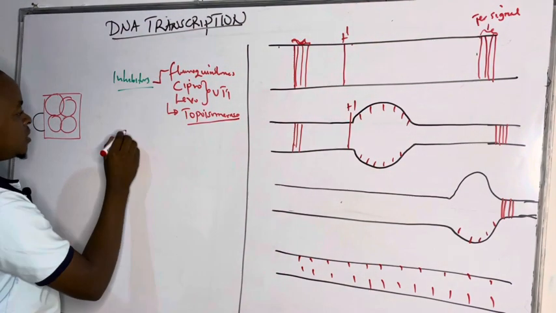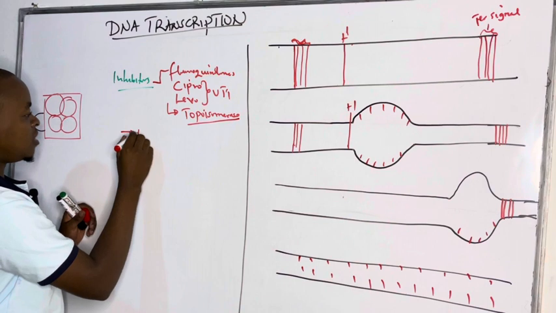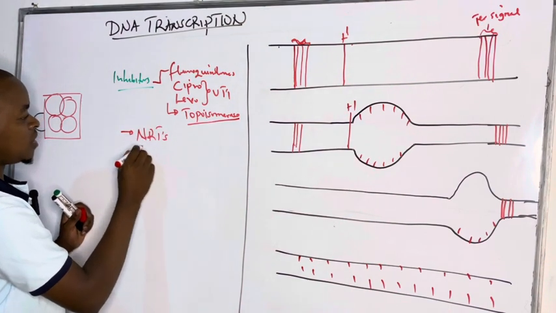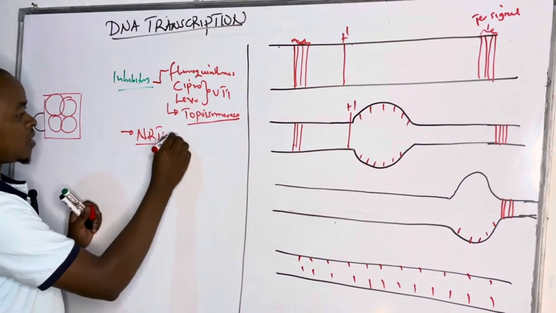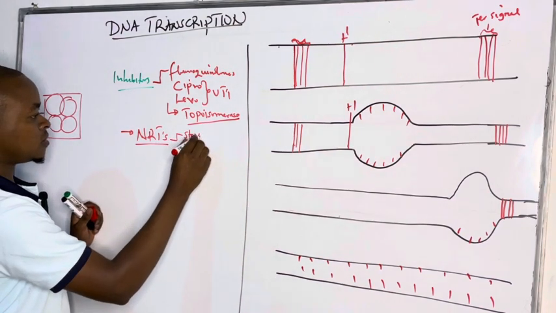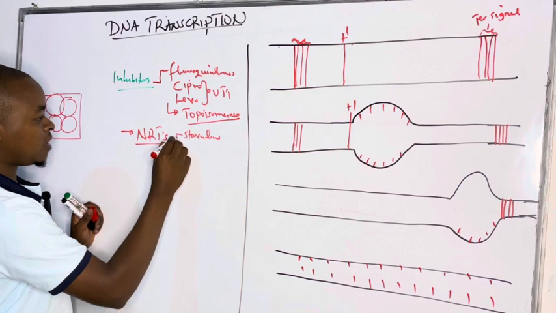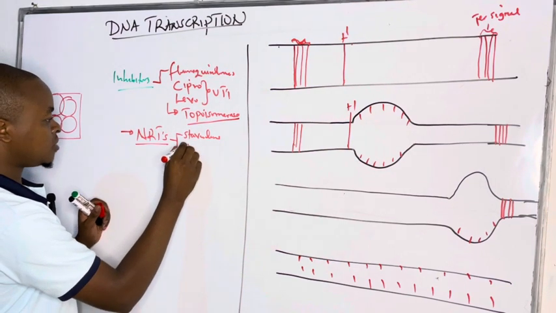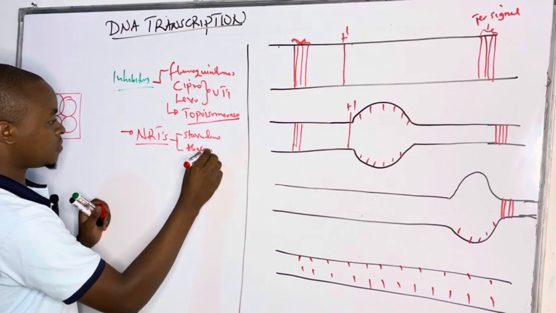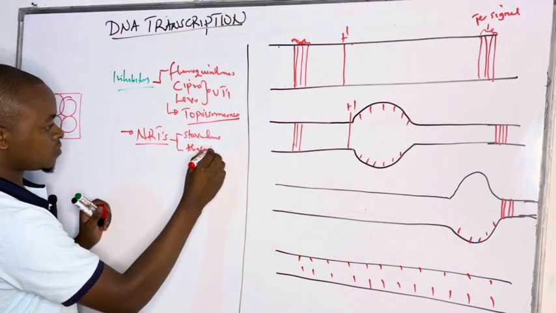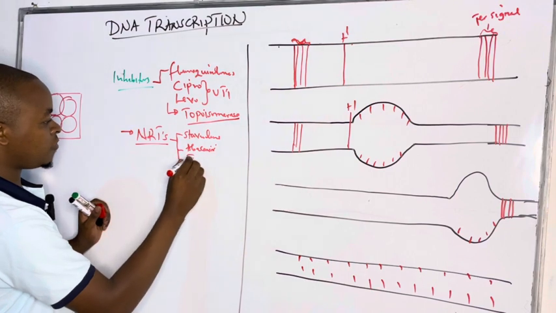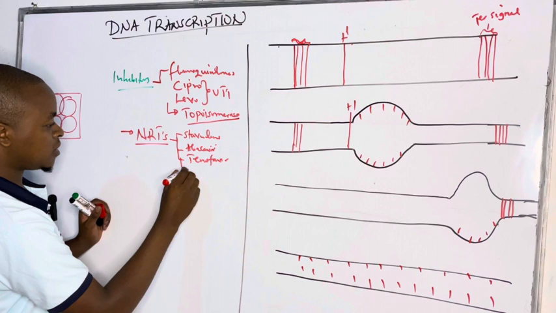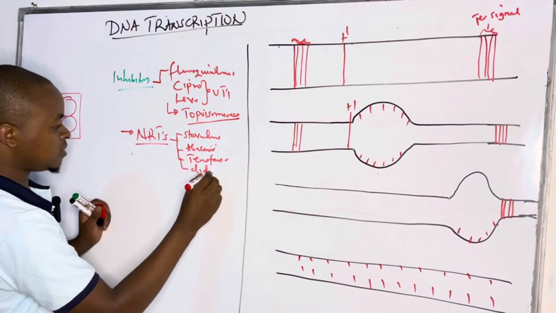Another group being utilized is the nucleoside reverse transcriptase inhibitors. These are antivirals like stavudine, abacavir, tenofovir, and adenosine analogues.